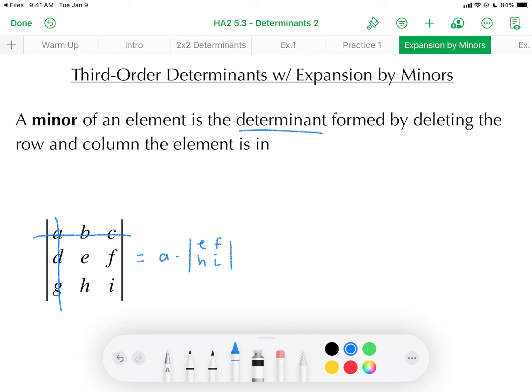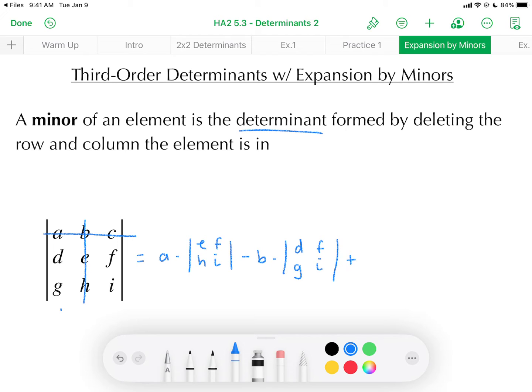Then we're going to do subtraction to follow that with element B multiplied by its minor. So the minor of element B, I'd get rid of the first row and the second column, and that would give me elements D, F, G, I. Everybody good with that?